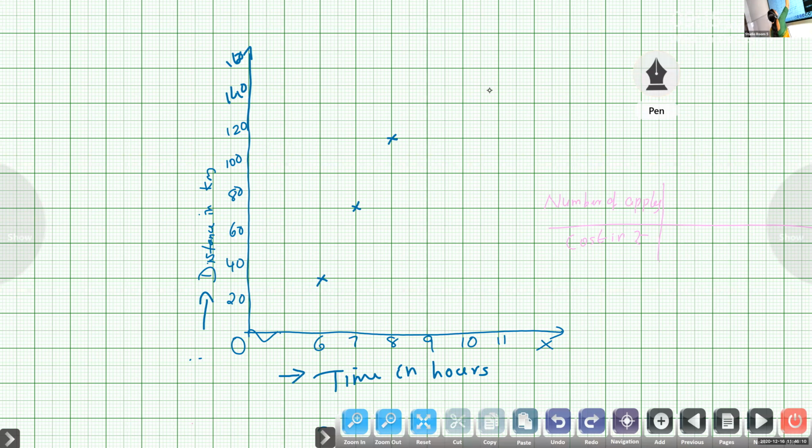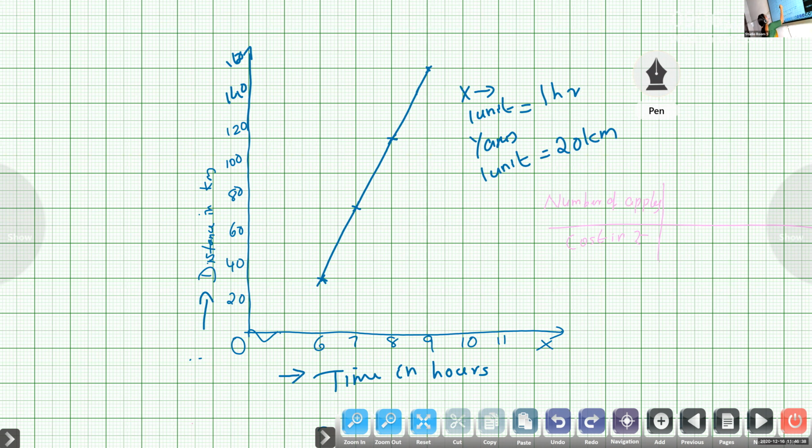X-axis 1 unit is 1 hour. Y-axis 1 unit is 20 kilometers. Ma'am, 6 is 20 or 40? 6 is 40, okay, 40 only.